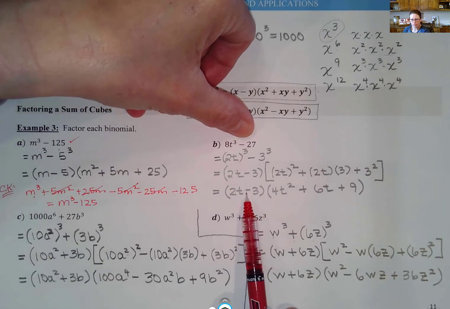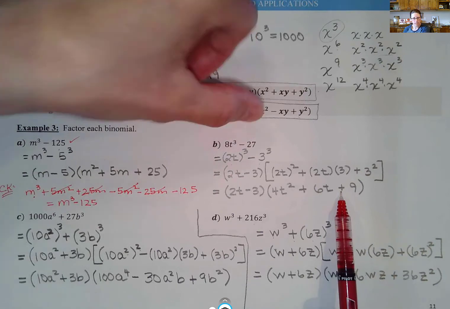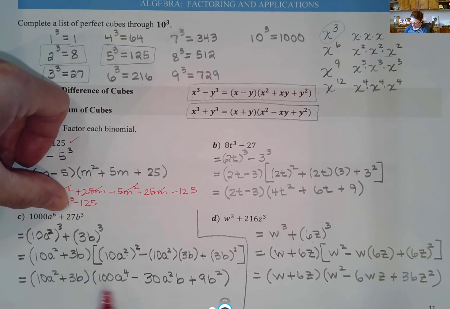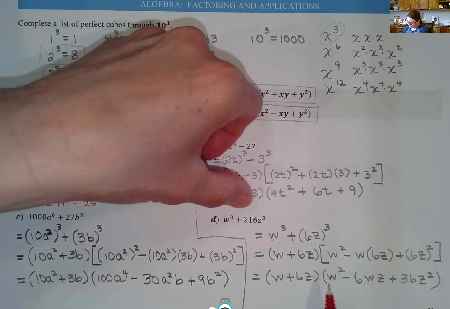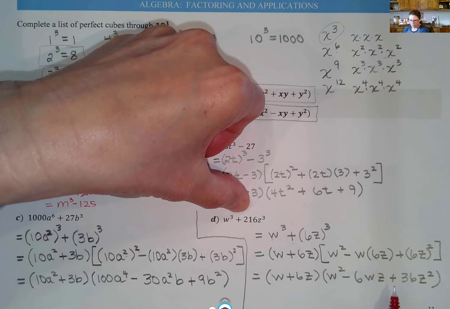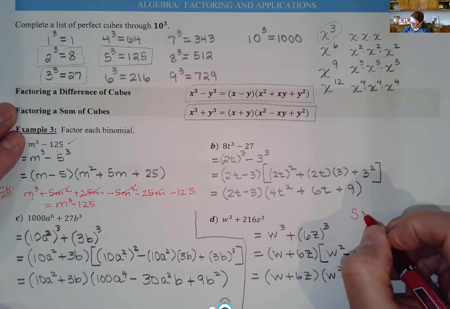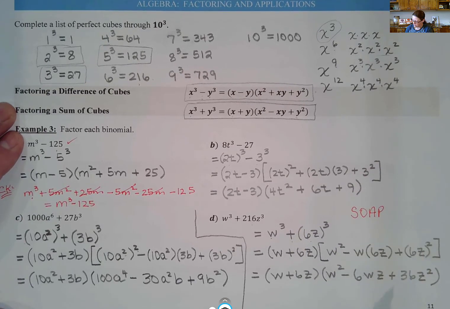Likewise in part B, and even for your sum of cubes: same, opposite, always positive. You might use the acronym SOAP to help you remember those signs.